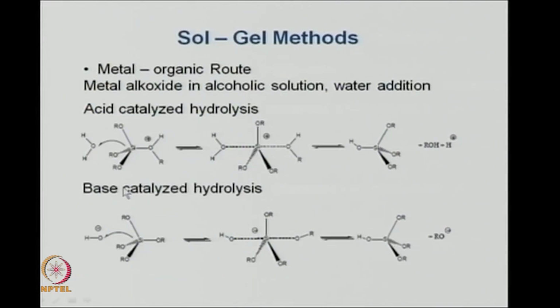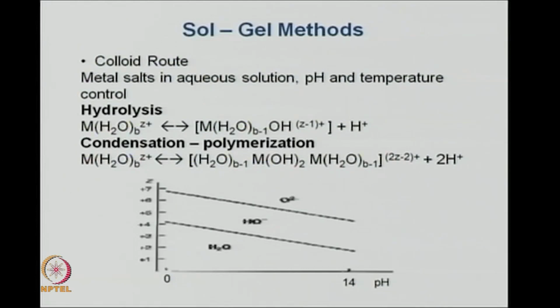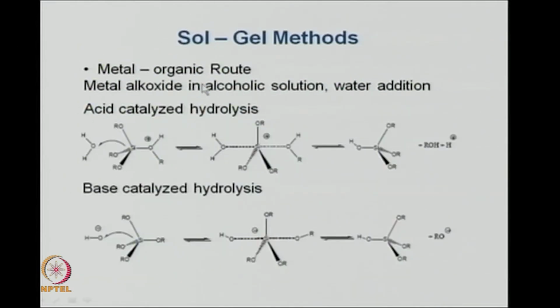Now, the sol gel method through the metal organic route, this is different from the colloidal route. In the metal organic route, you have metal alkoxide in alcoholic solution and you add water. You can have the acid catalyzed hydrolysis, a little bit we discussed earlier. In the acid catalyzed hydrolysis, it is good to have a lot of electron density on the silicon.